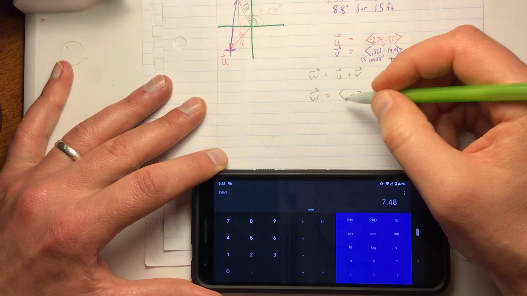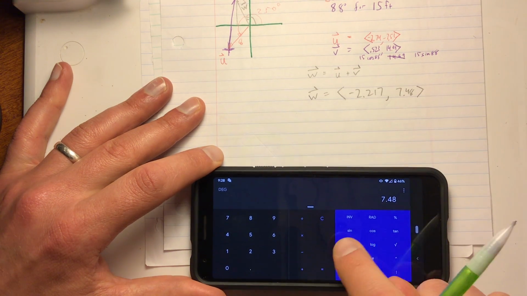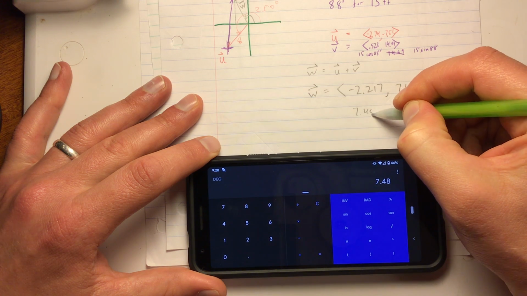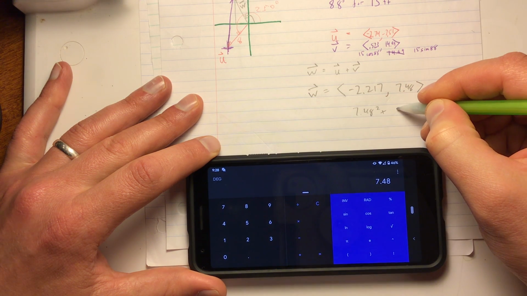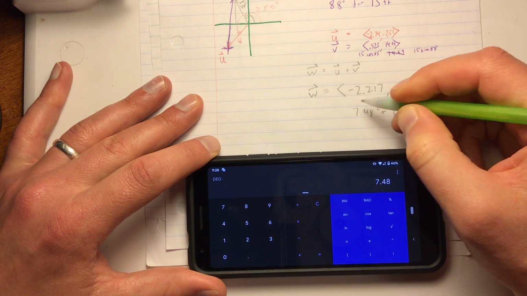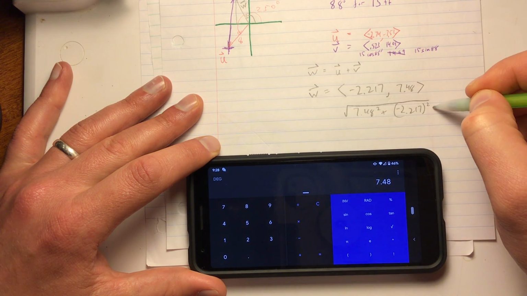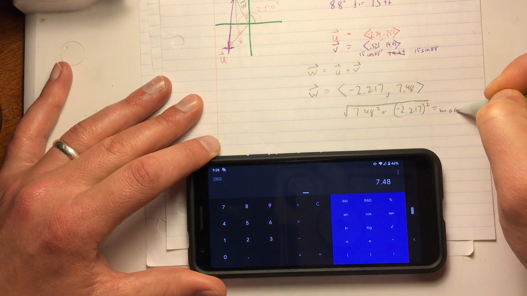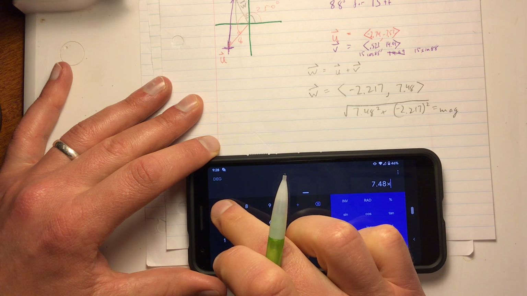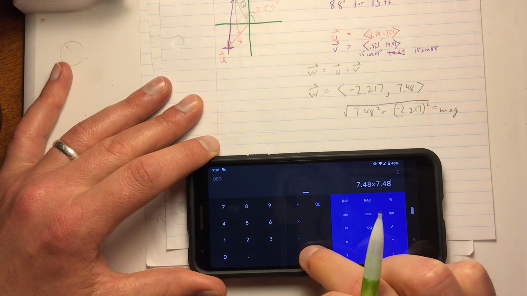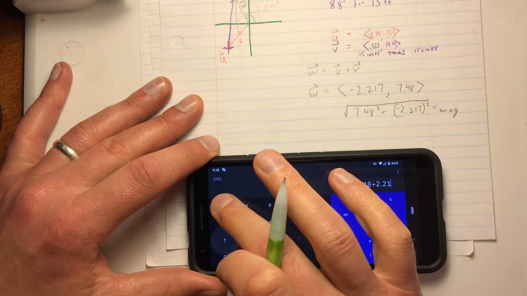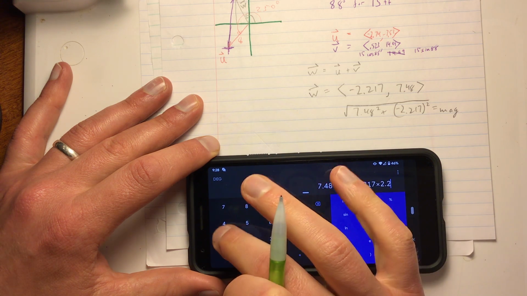So to do the magnitude, we're just going to do the Pythagorean theorem. 7.48 squared plus negative 2.217 squared, and we'll take the square root of all that. That would be the magnitude. 2.217 times 2.217.